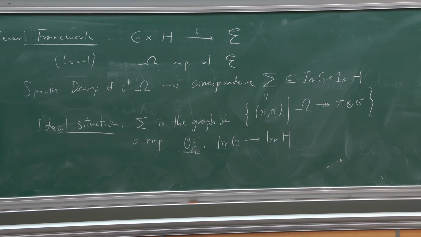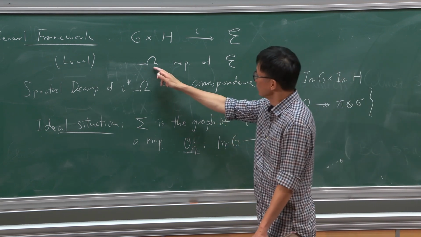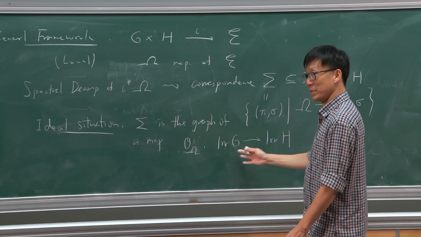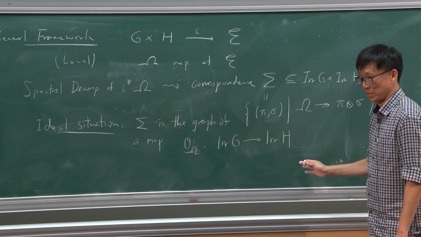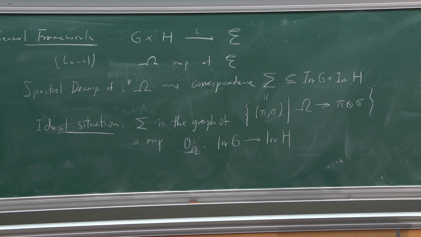On the other hand, you don't want to take it to be too small either. If you take it to be the trivial representation, maybe something like this holds, but it's not very interesting. So you start with the trivial, it doesn't give you something interesting, then maybe you go to the next smallest representation and see if it gives something interesting.